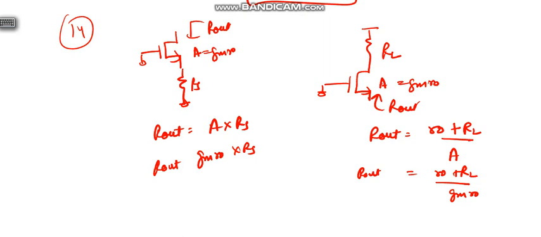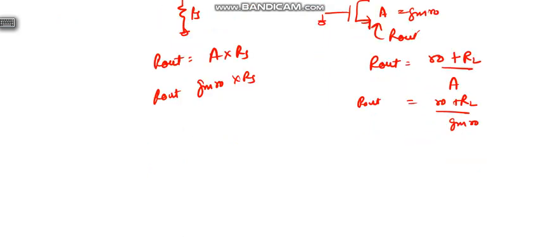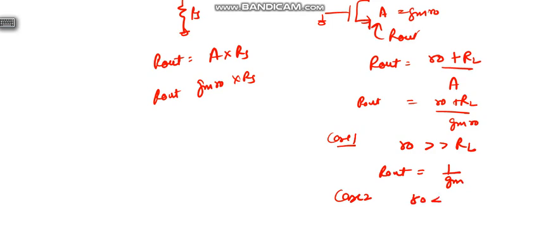Now suppose two cases. Case 1, RO much greater than RL, then Rout reduces to 1 by GM. Case 2, RO less than RL, then Rout reduces to RL divided by A, that is RL divided by GM RO.